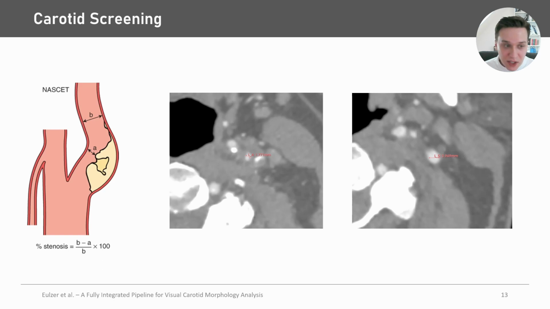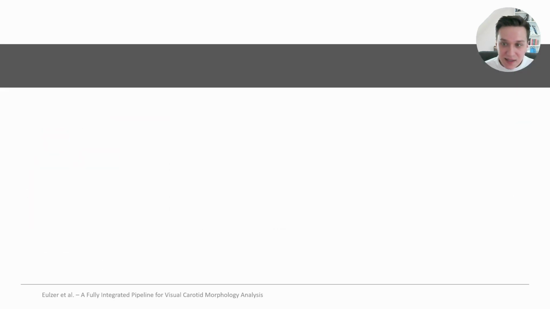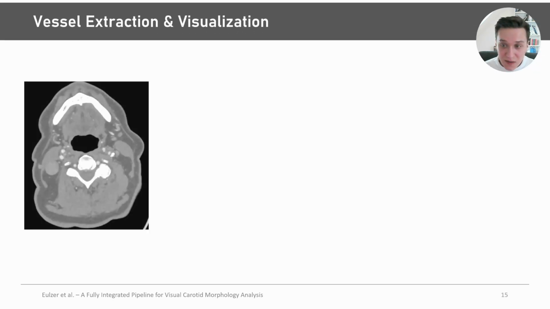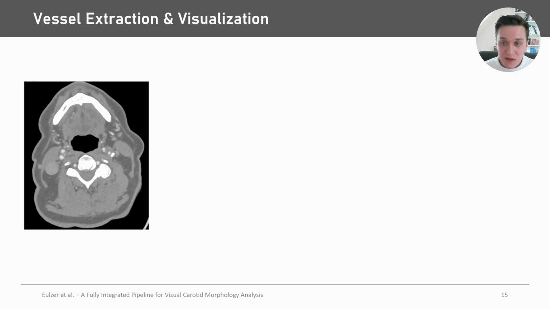So the question is, how can we enhance this process? And there are many ideas from vessel visualization and medical image processing. These approaches either use volume rendering, so the image-based approaches, or they use models, which we call model-based visualizations. There are a lot of advantages of model-based vessel visualization.